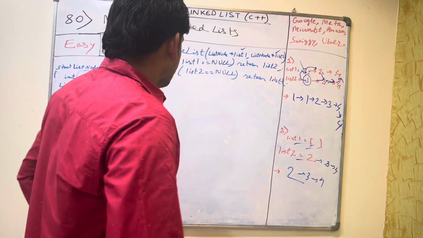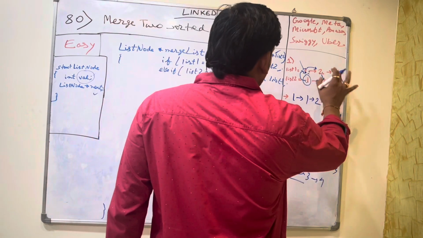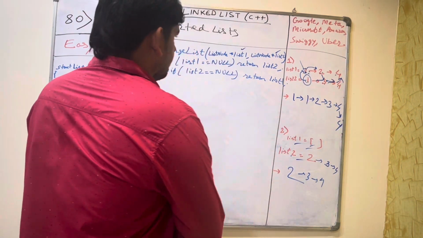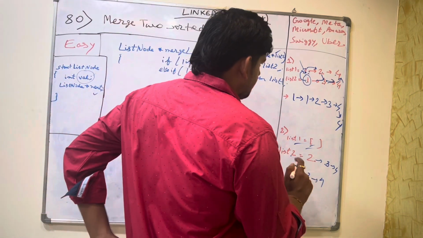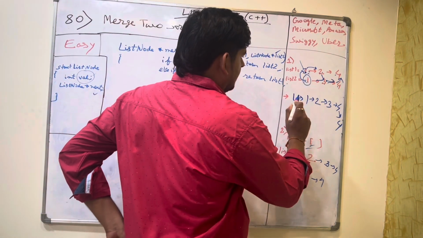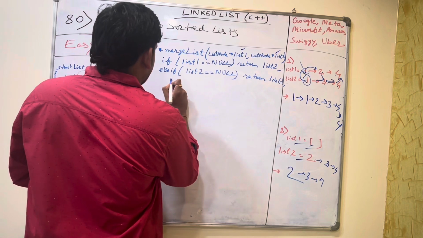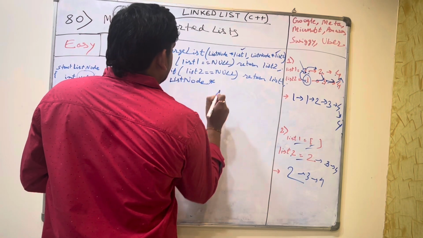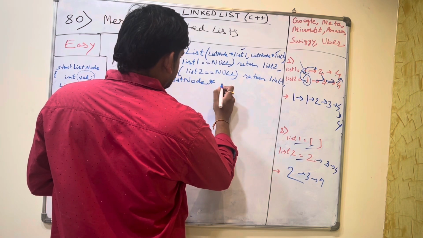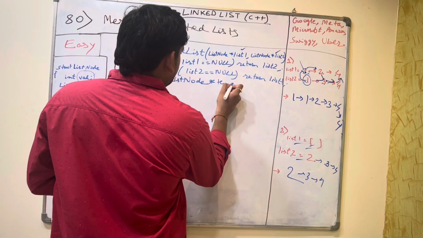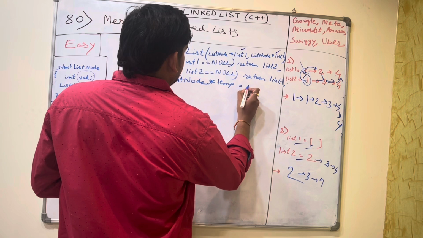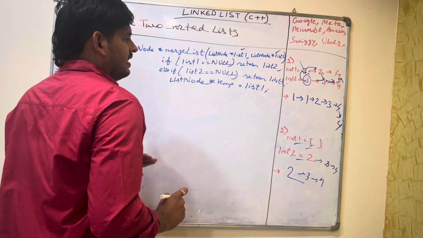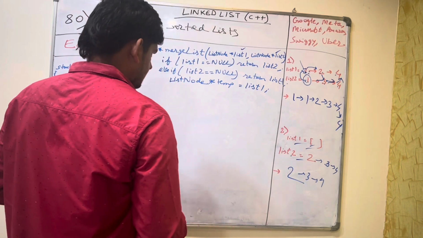Now how do we do this configuration? Okay, so what we can do, we can take a node here. Let's code it and let's blend it together. Let's take a ListNode, say temp, is equal to list 1. Okay, let's assign temp as list 1.